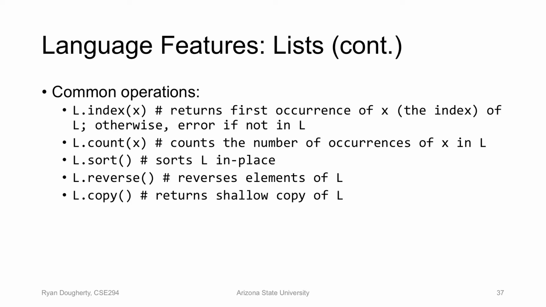We did reverse. L.copy returns a shallow copy of the list. So what is a shallow copy versus, say, a deep copy? So how does, say, a string work in Java?